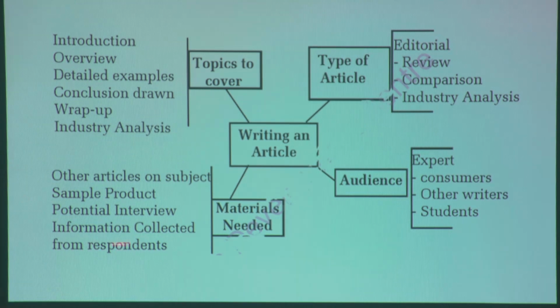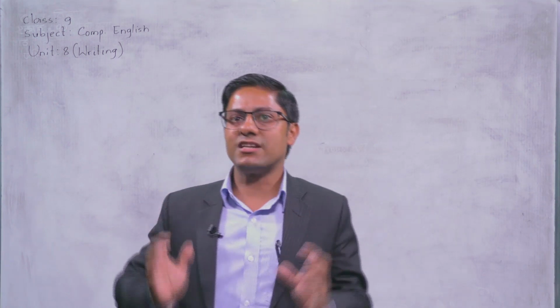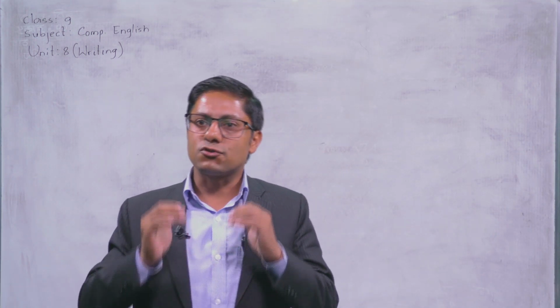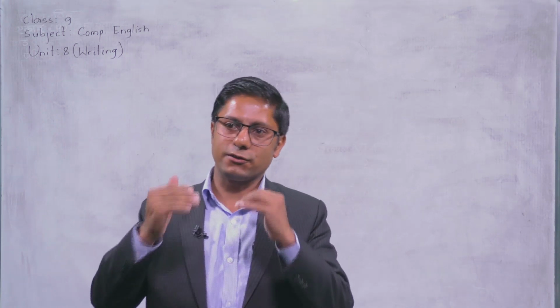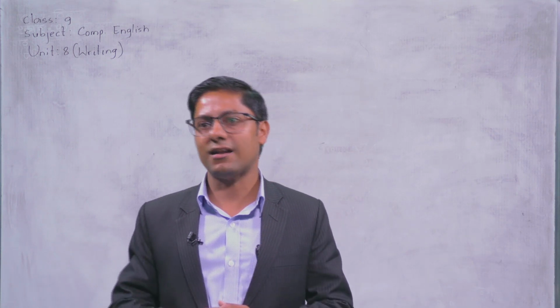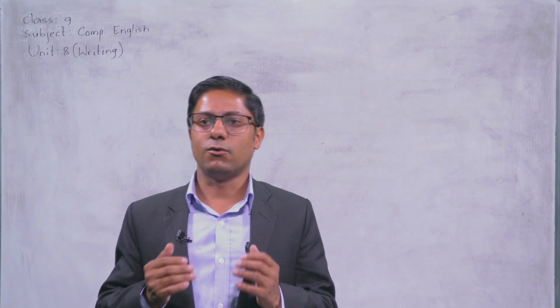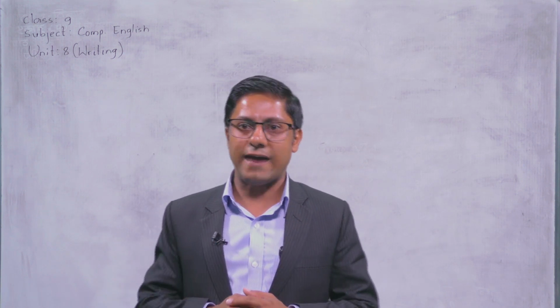These can be the materials needed for you to write an article. So you think of all these ideas and try to develop one article yourself. After you develop the article, you share it with your friends in the class, and also you ask your teacher to go through it and give you feedback.